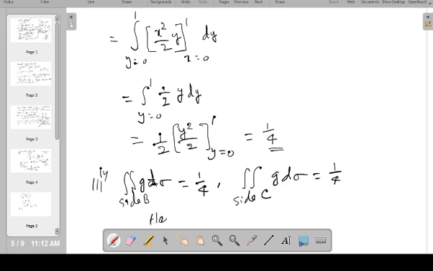Hence the surface integral over S of g d sigma equals the integral over side A plus the integral over side B plus the integral over side C, that is 1 by 4 plus 1 by 4 plus 1 by 4 equal to 3 by 4. This is going to be the answer.